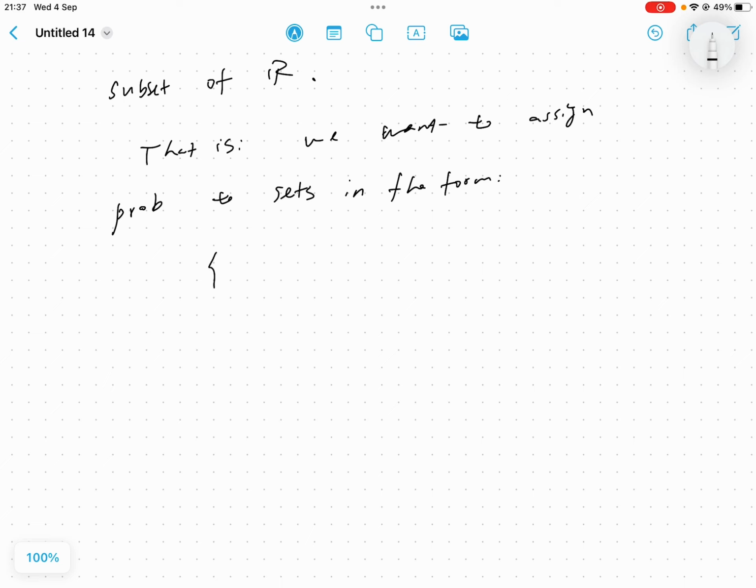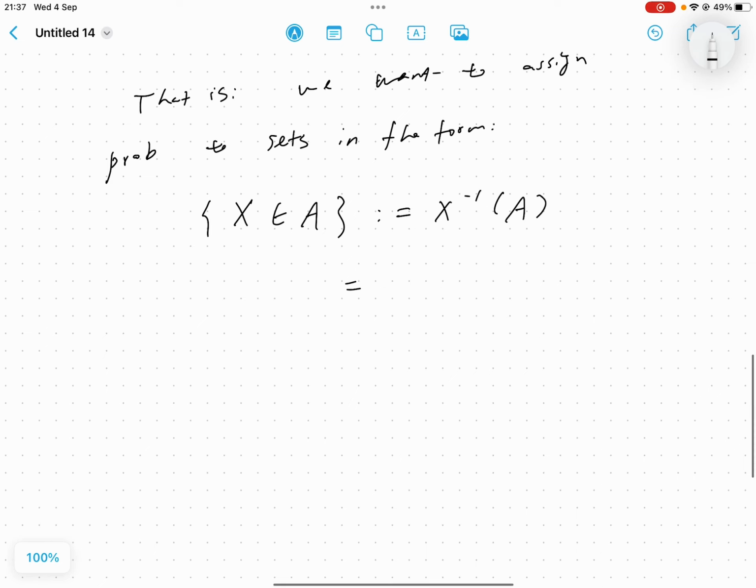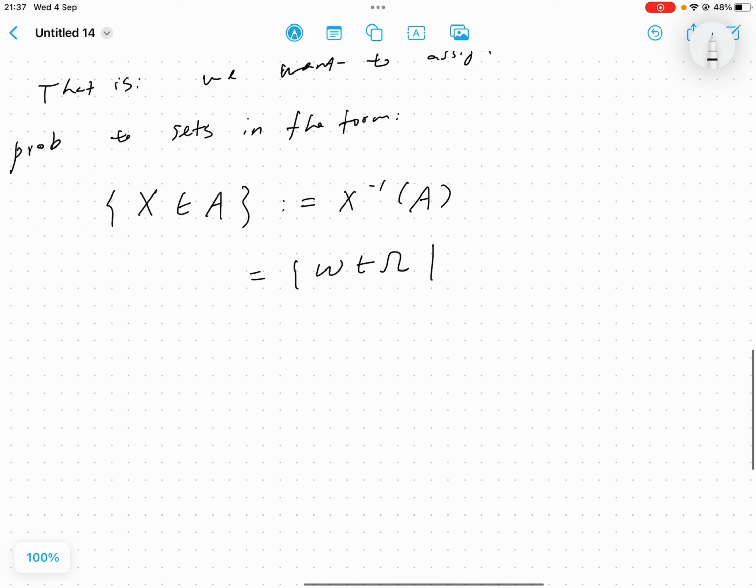Let's say this X is in some set A. Normally we define this as X inverse of A, which is just a collection of those omegas from big omega where X of omega is in A, okay?